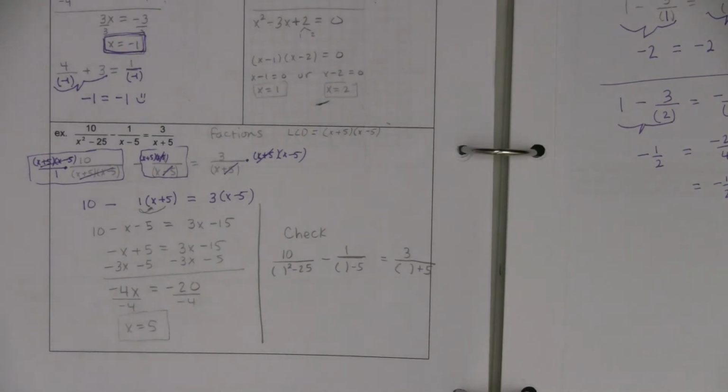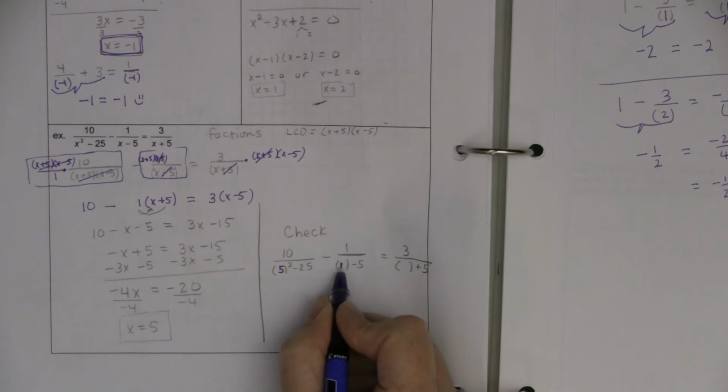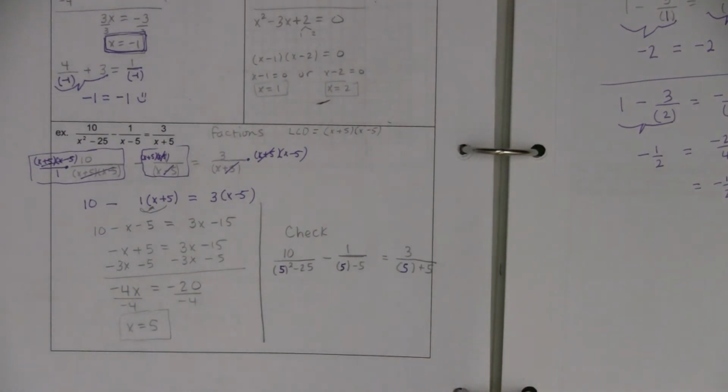So we're going to be putting in 5. And if any of your denominators are 0, then that means this is an extraneous solution and not really the solution.